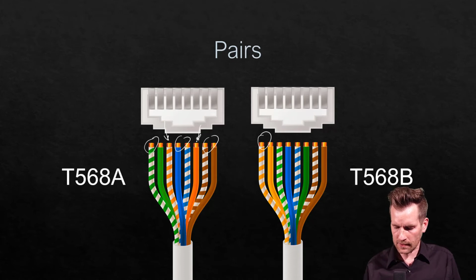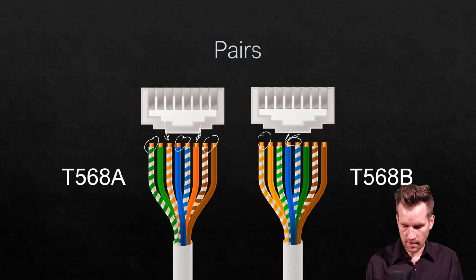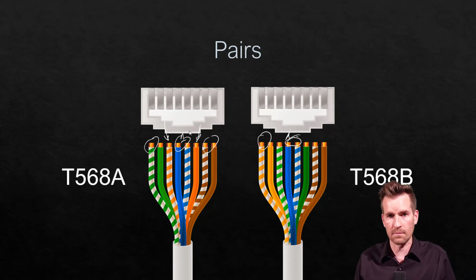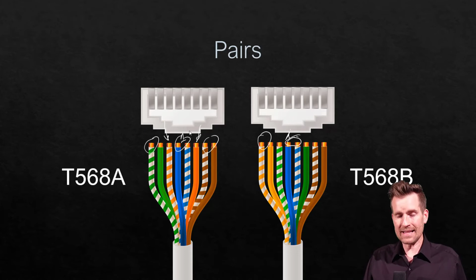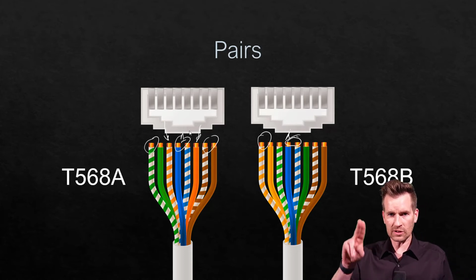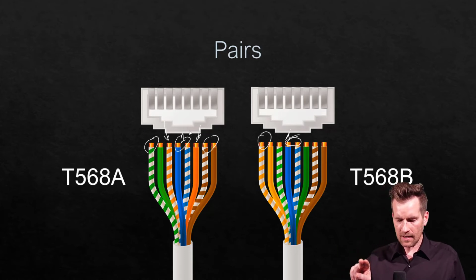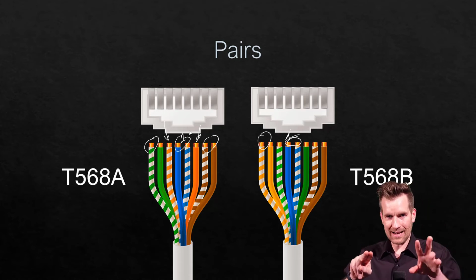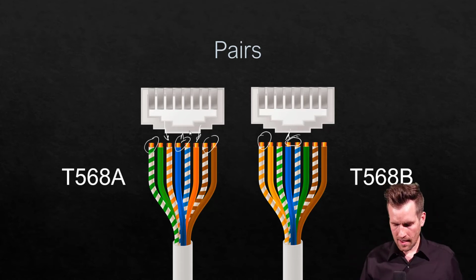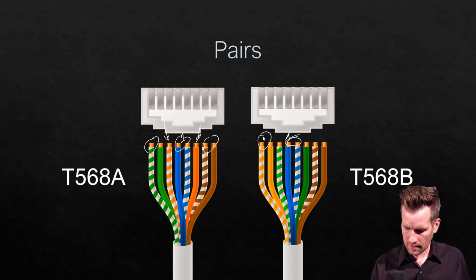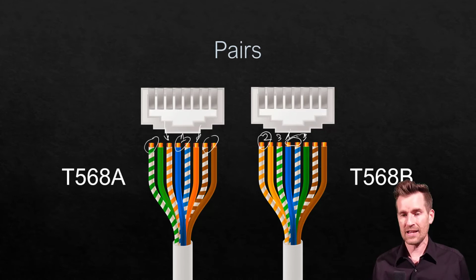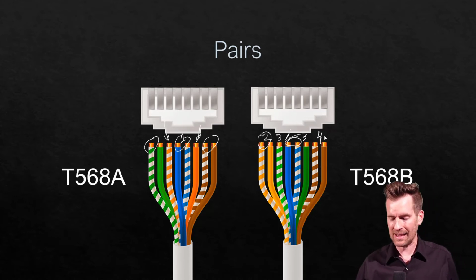And so that typically was pair 1 right here, the first pair, the blue cables, the white-blue and blue. So that is pin 1, and those took the first place. And then they lined up the rest of the pairs. Pair 2 came next, and then pair 3 needed to be split. So you see pair 3 is split here, and then pair 4 is on the end.